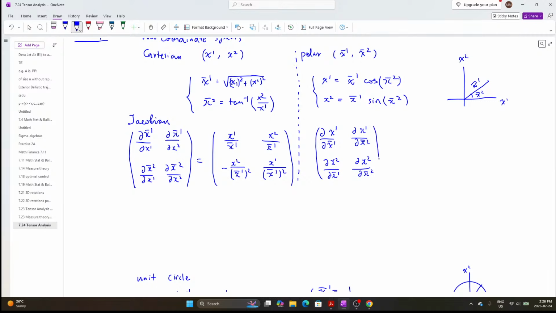That's the inverse matrix, and we'll verify the product is indeed the identity, just to check the calculation. So the first component, of course, is just cosine of x bar^2, and then you get minus x bar^1 sine of x bar^2. Okay, nice. Differentiating x^2 with respect to x bar^1 gives you just sine of x bar^2, and the next differentiation is x bar^1 cosine of x bar^2.